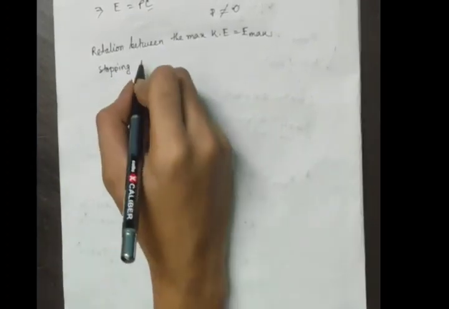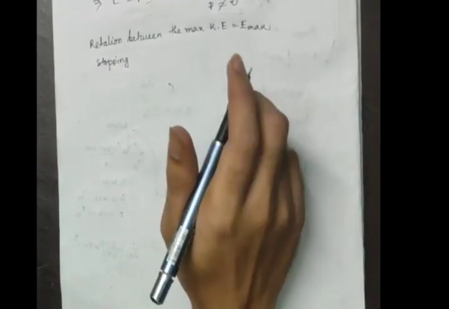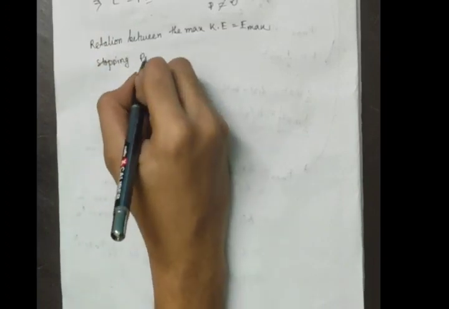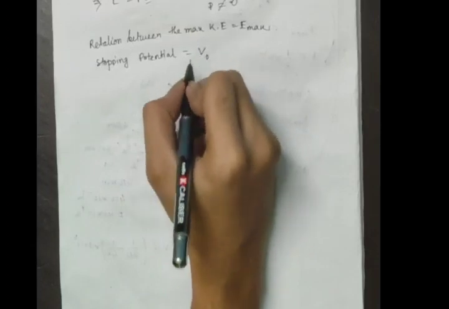If you want us to make a video particularly on stopping potential, then please comment down below. We will surely make it. Stopping potential is denoted with V naught.